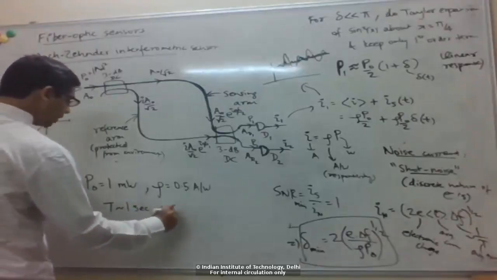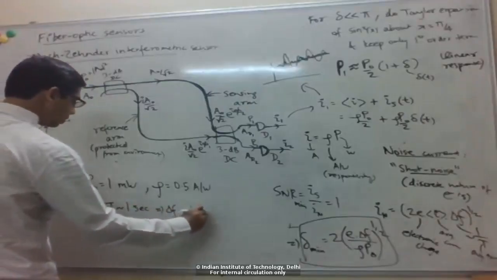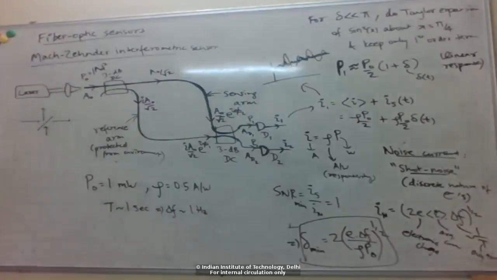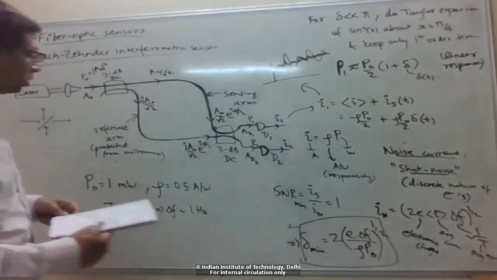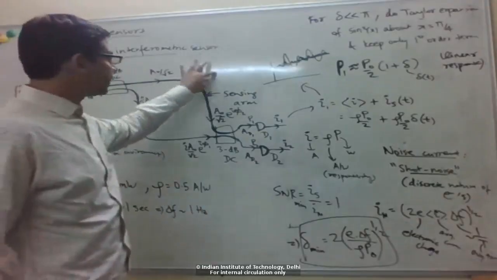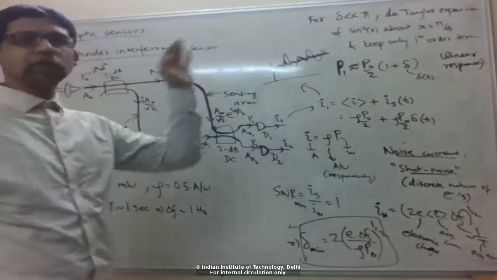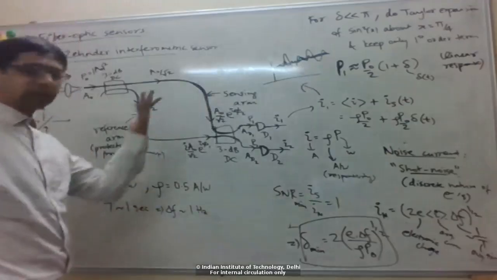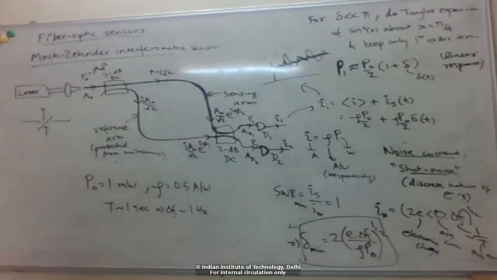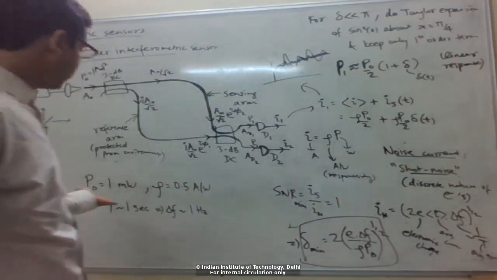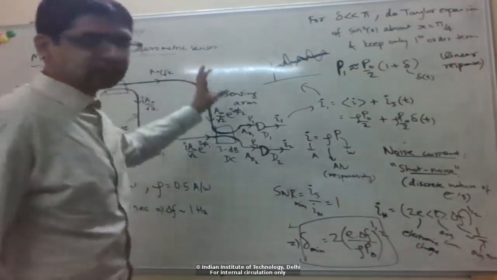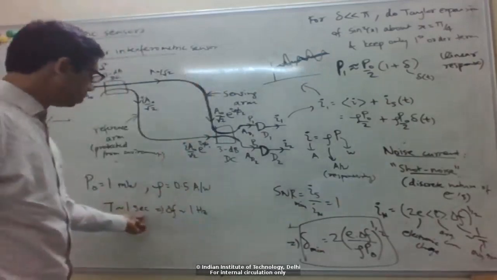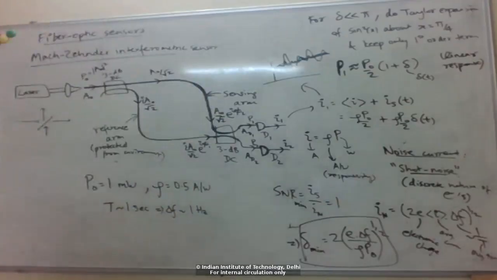This means a bandwidth of 1 hertz. So let's assume the things we are sensing, like temperature and pressure, vary over a slow time scale, like over seconds, for example. An averaging time of 1 second is enough such that the quantity is not changing much within 1 second.